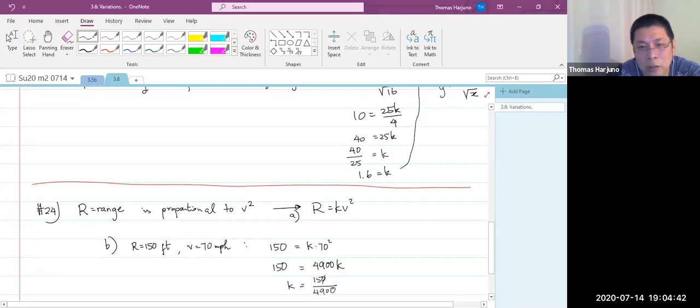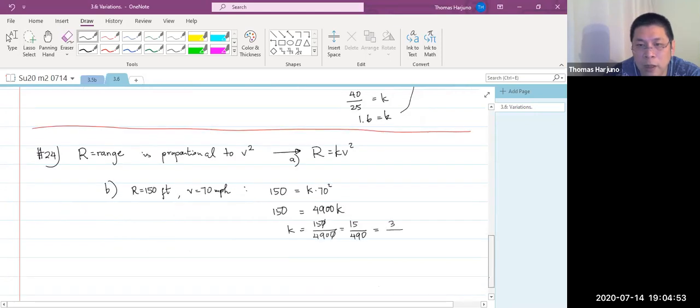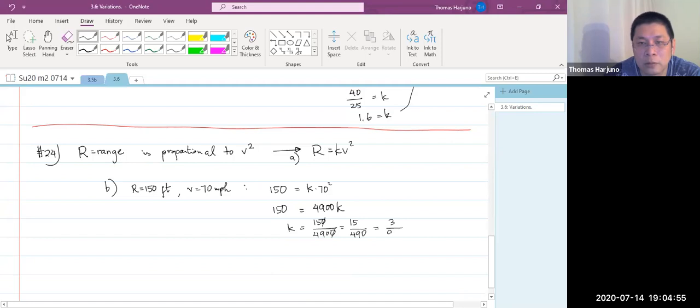I think I can cancel one of the 0s, and I still can reduce by 5, I believe. If I reduce by 5, I get 3 over 98. So that's the constant of proportionality.